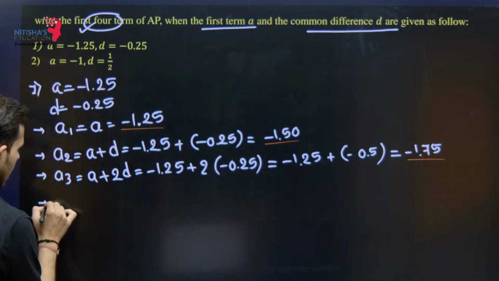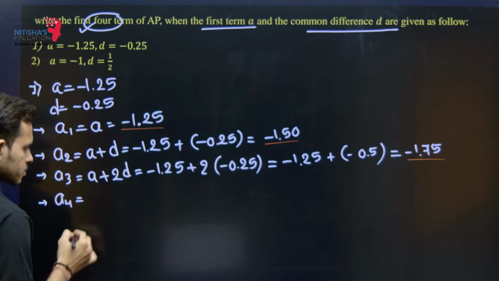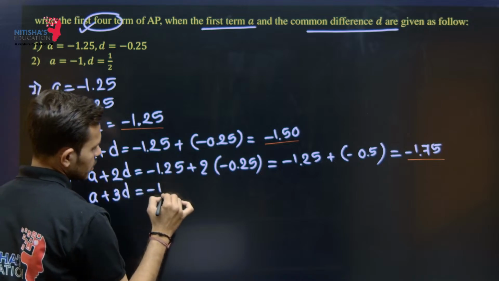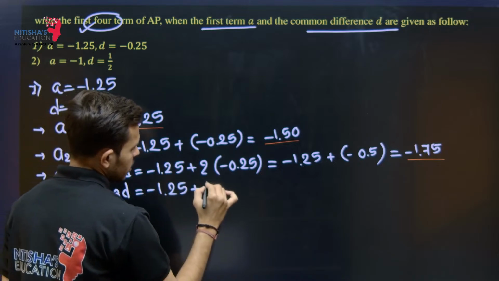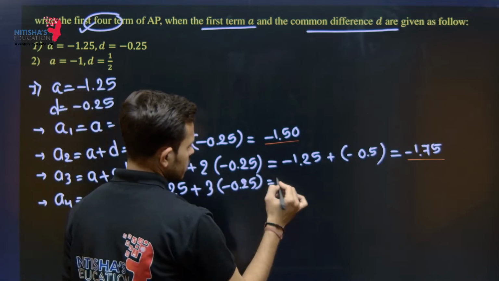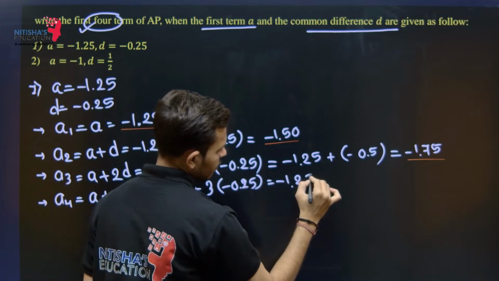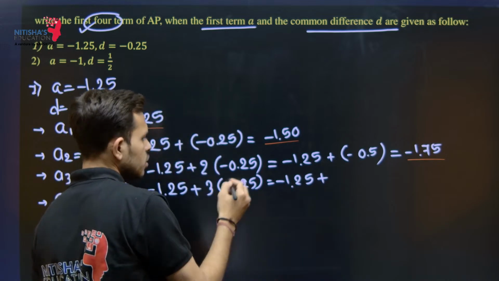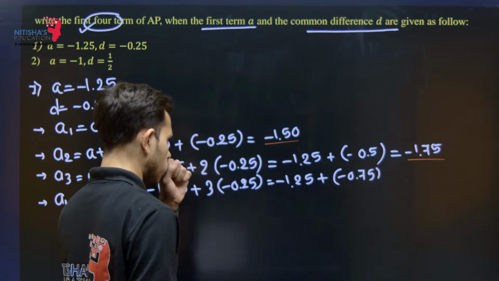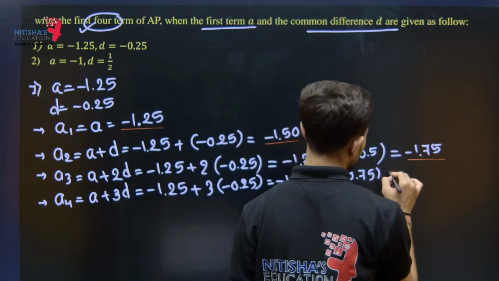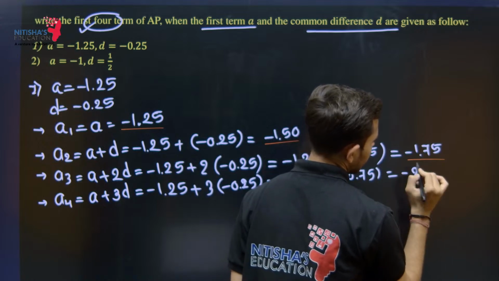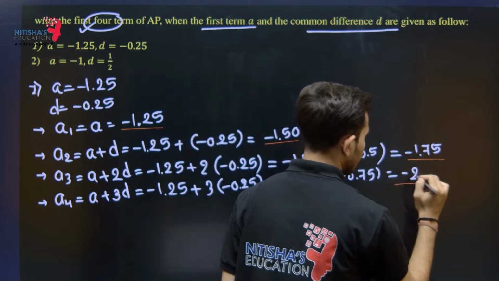Now the fourth and last term that we need to find, A4, is given by A plus 3D, where A is equal to minus 1.25 and D is equal to 0.25. So minus 1.25 as it is, plus 3 into 0.25, it will become minus 0.75. When you add minus 1.25 and minus 0.75, it will become minus 2, and this is our fourth term.